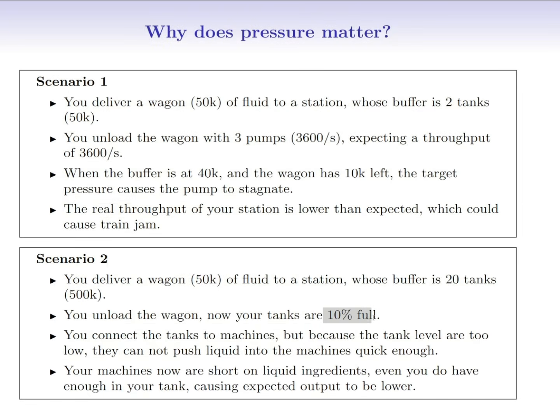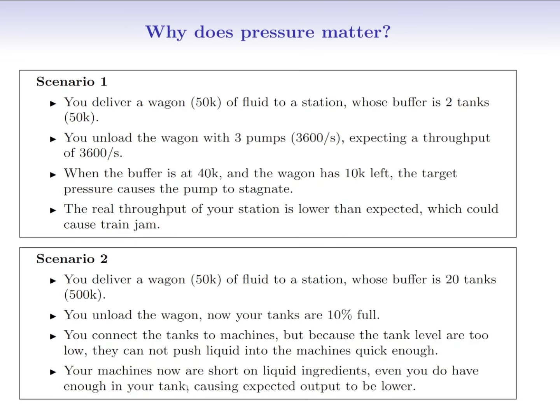Because you have a low pressure, the throughput from your tank to your machines would be too low, no matter if you use a pump or not, right? And now it would be possible that your machines are just straight up short on their ingredients because you're not pumping them in fast enough.